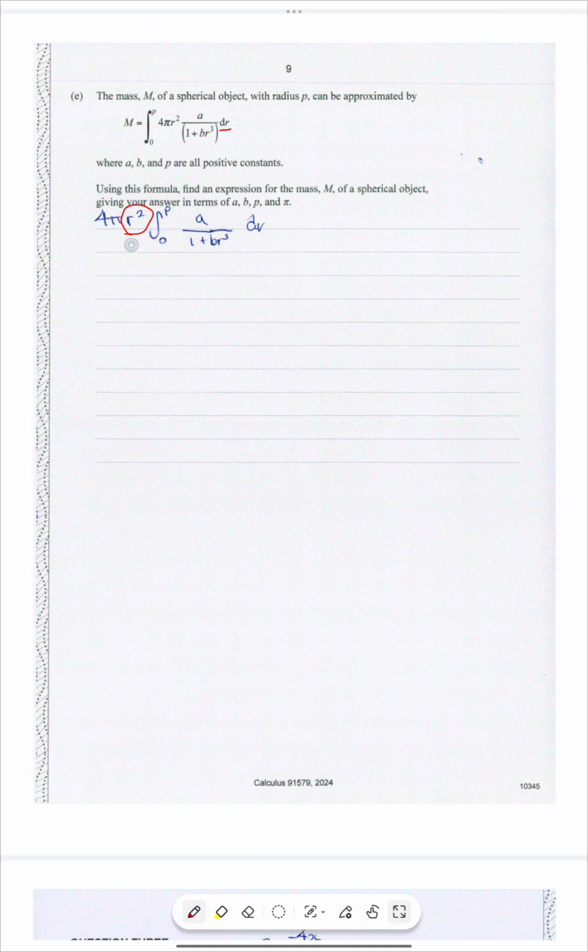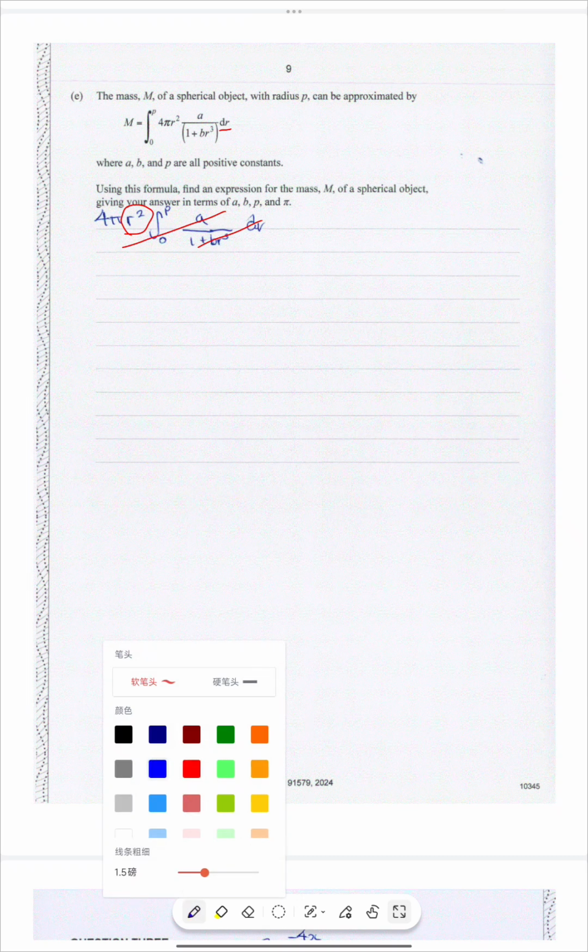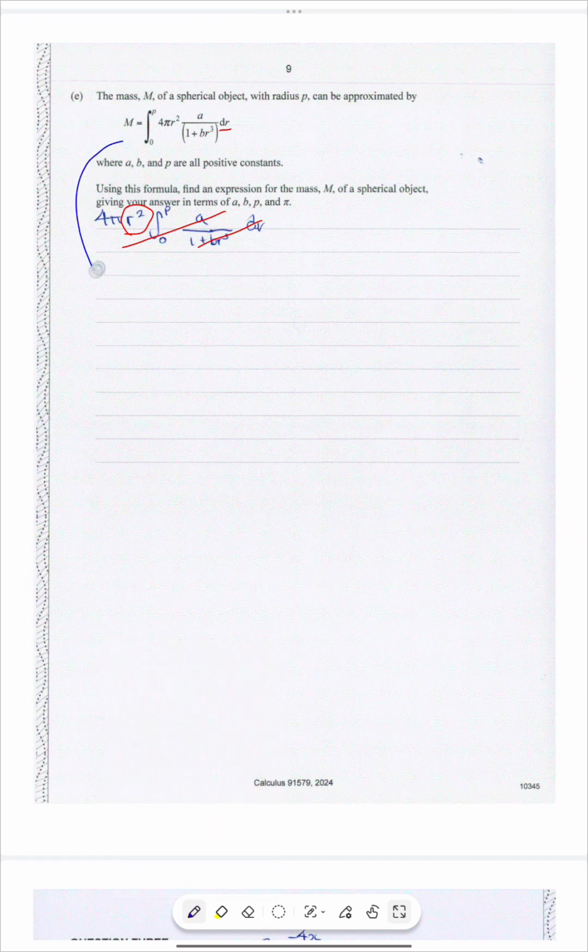That's why this is wrong, and the correct method is this. We need to take all the constants out, isolate them, so that we can actually see what the expression really looks like, the one that we need to integrate.